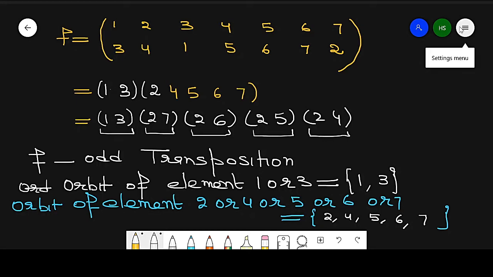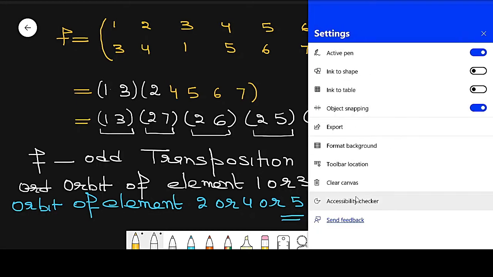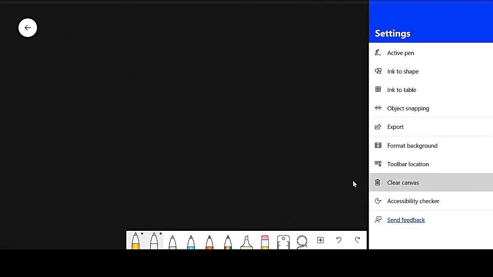So in this way we can find the product of transpositions. Remember how we can find the inverse. If I have a cycle 1, 2, 3 and so on up to n, its inverse can be written as n, n minus 1 and so on down to 2 and 1, right?